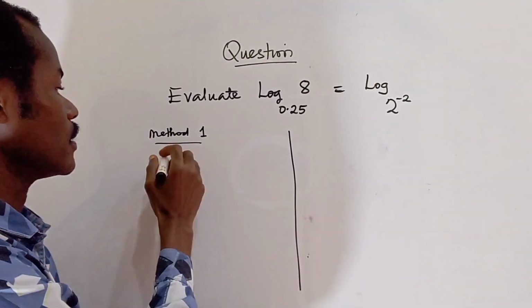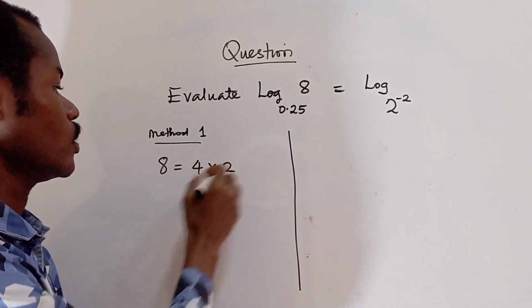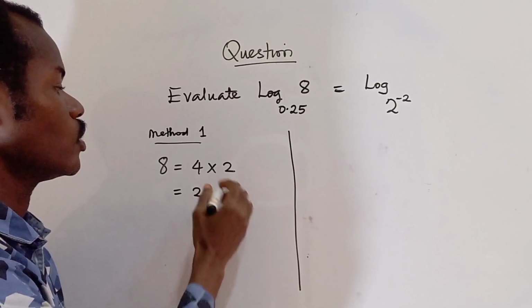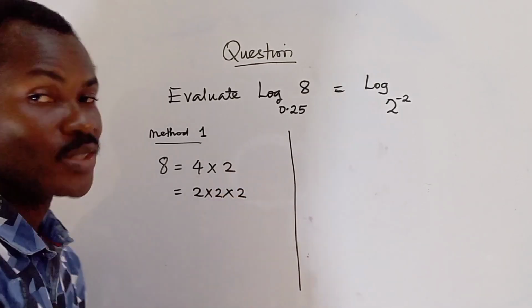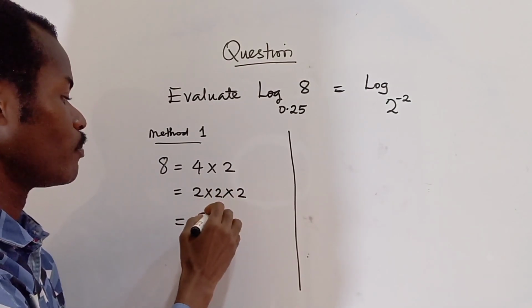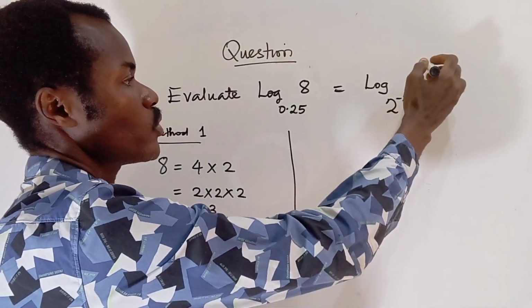So 8 simply means we have 4 times 2, which we can further write as, 4 means 2 times 2, times 2 is going to give us 8. So this is 2 raised to the power of 3. So 8, we can replace it with 2 raised to the power of 3.